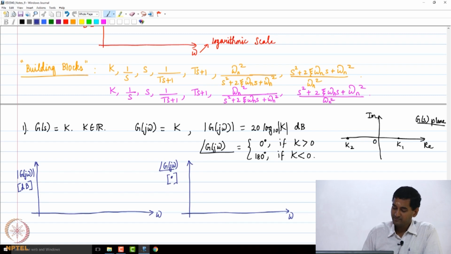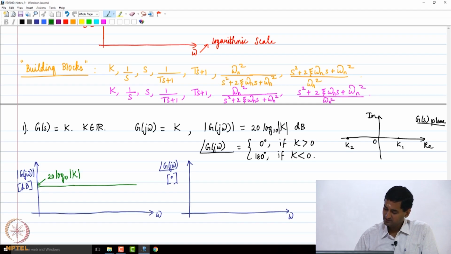So what's going to happen to the magnitude plot? The magnitude plot, I'll just have a straight line with respect to omega. That's it, right? Where this value is going to be 20 log to the base 10 of k, correct?